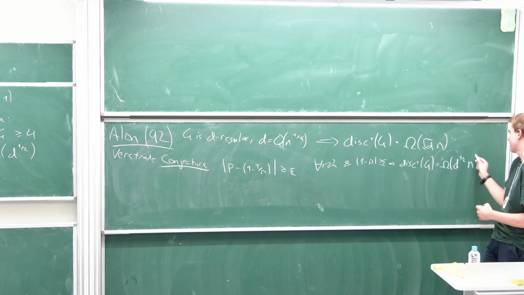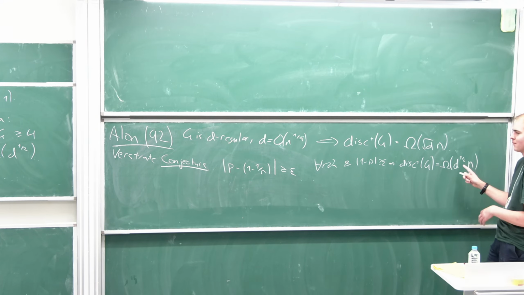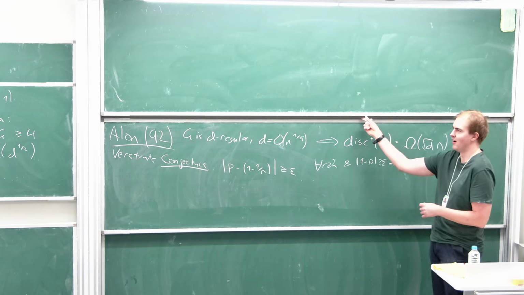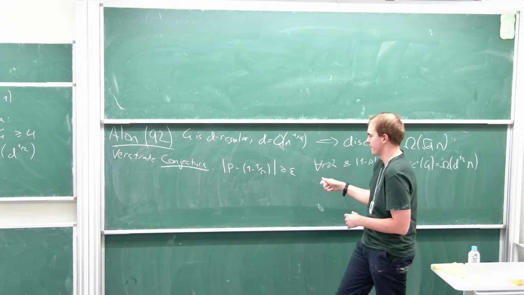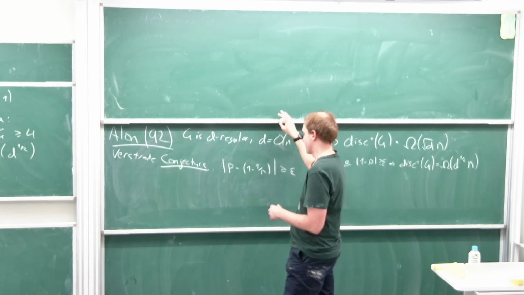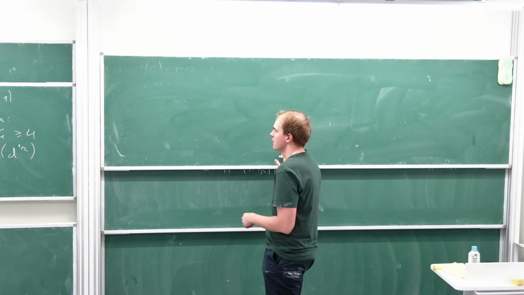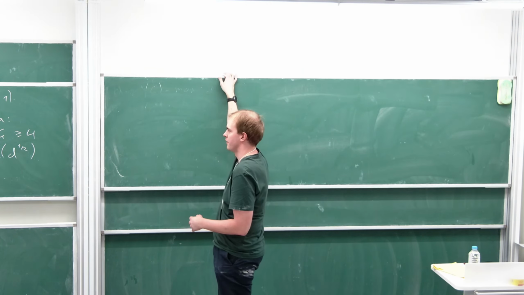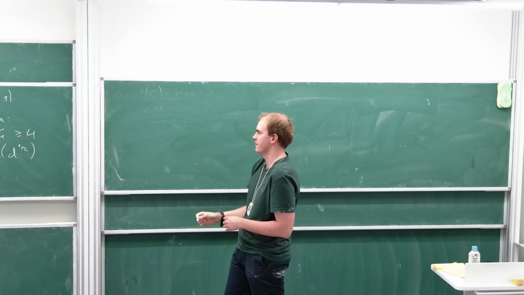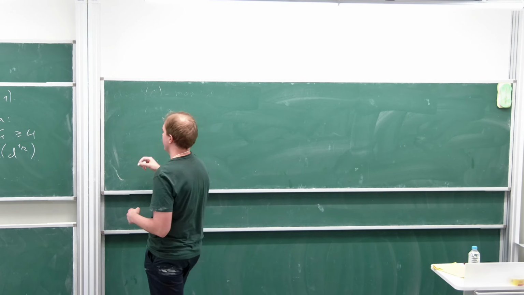Something depending on d or n, which tends to infinity, times n, would already be interesting when p is bounded away from these extreme densities. And we managed to obtain such a result for when d is less than half minus epsilon times n.